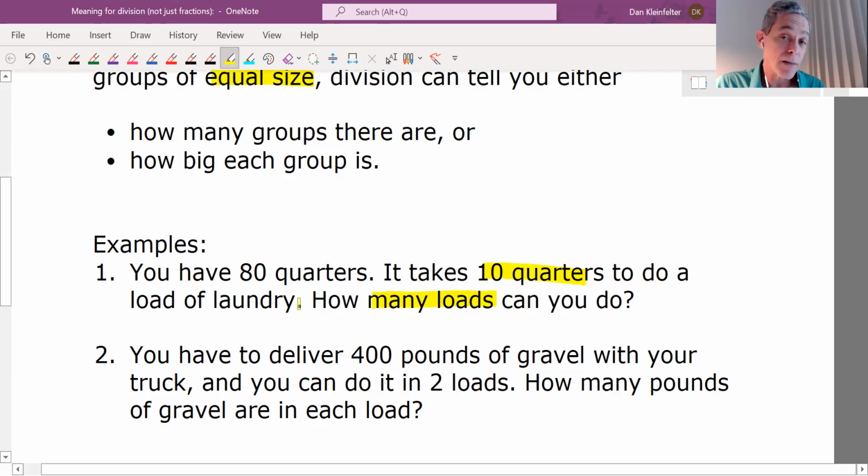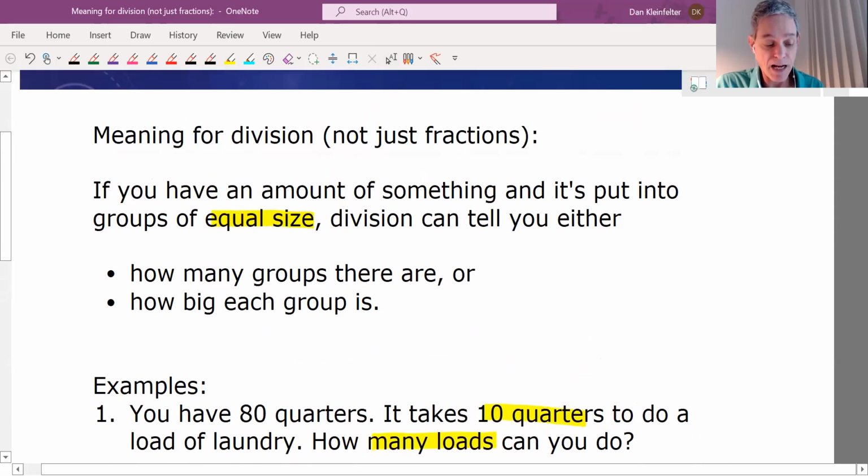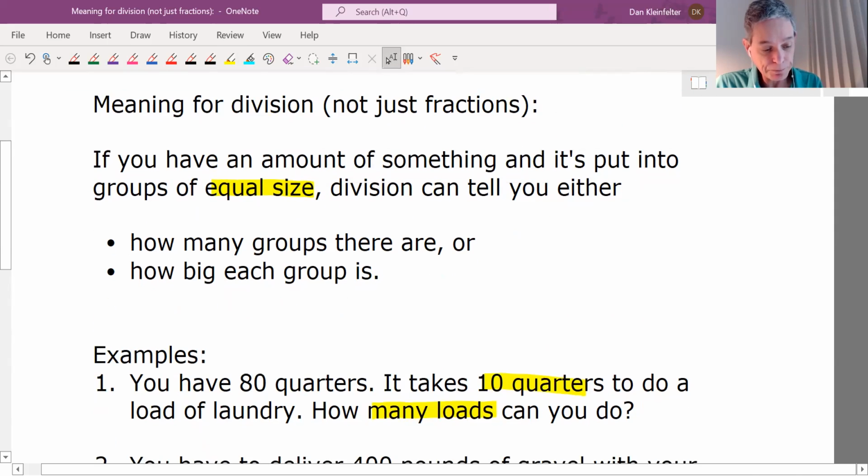Of course, an essential assumption is that it's the same amount of quarters for every load. If you didn't know how many quarters it took to make a load of laundry, some more, some less, then there'd be no way to answer this question. That's why the part about groups of equal size is important.